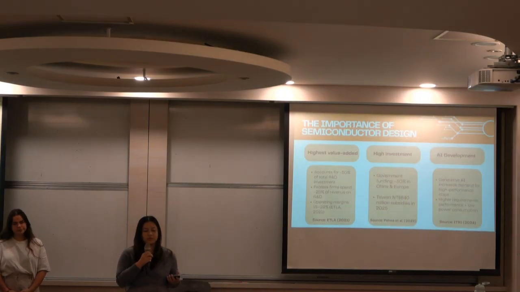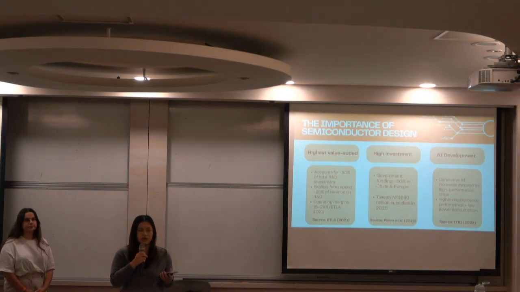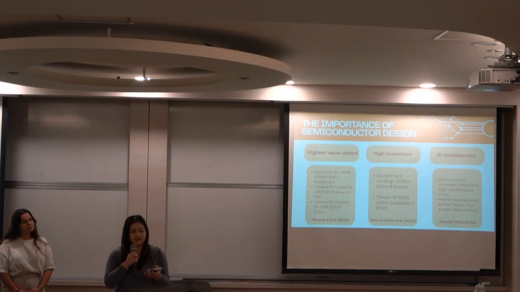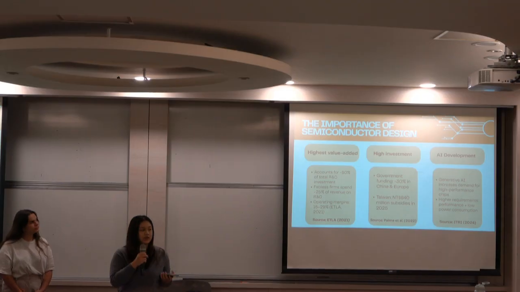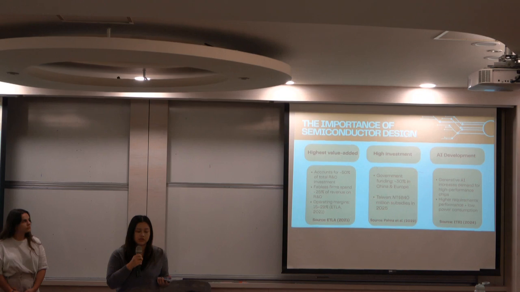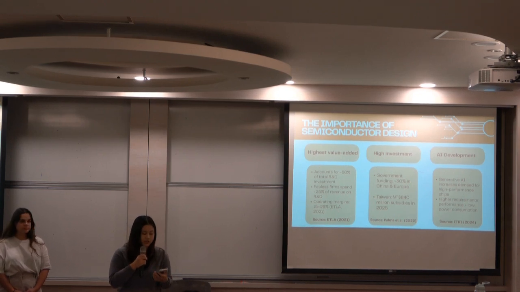Okay, so let's talk about the importance of the semiconductor design, IC design. There are three main reasons. The first one is the highest value-added, as it accounts for around 50% of the total R&D investment, and fabless firms spend around 25% of their revenue on R&D, and the operating margins are like 15 to 29%.